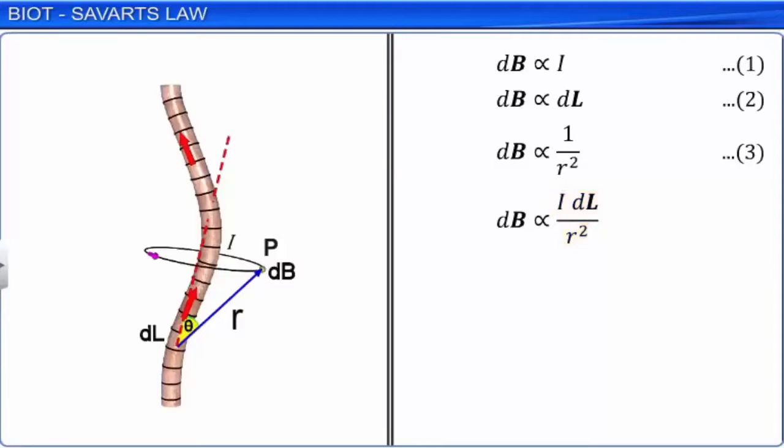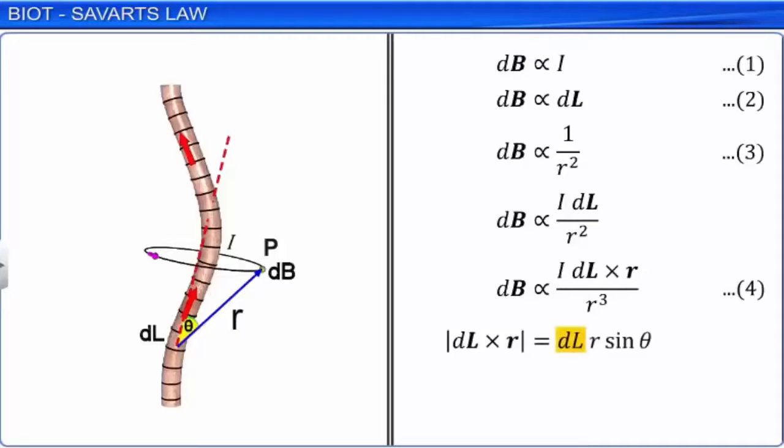If we express it in vector notation, we get the magnetic induction dB proportional to I dl cross r by r cube. Let this be equation 4. Since the magnitude of the cross product dl cross r can be written as dl into r sin theta, we can write equation 4 as dB proportional to I dl into r sin theta by r cube.